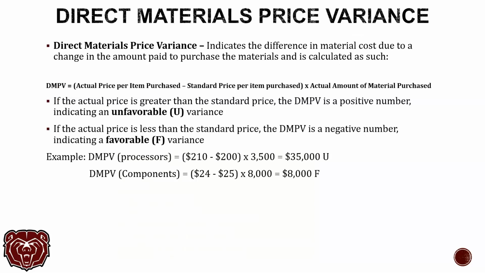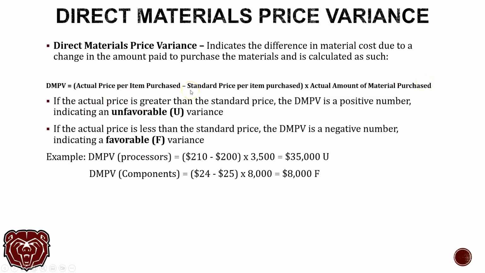Okay. So the direct materials price variance, or the DMPV, this tells us that the difference in material cost is due to a change in the amount that we paid to purchase the materials. And we find that by taking the actual price per item purchased minus the standard price per item purchased times the actual amount of material purchased. Okay.